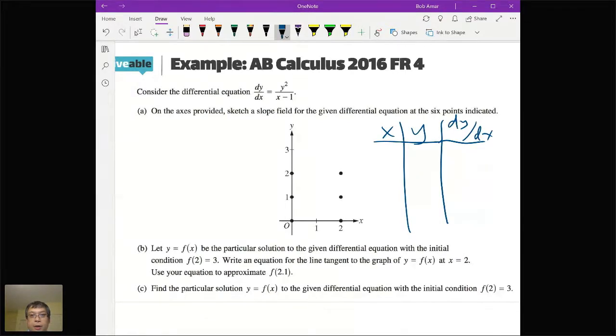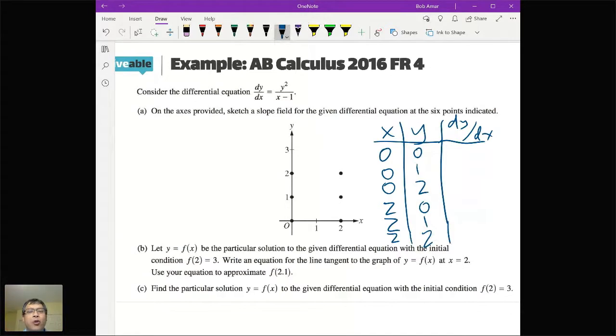Good. Okay, that's good. So I see 6 different points at which I have to evaluate slopes. And I remember from dealing with slope fields that what I'm really doing when I plot a little segment of slope is I'm revealing what a tangent line to a solution very close to that point would be.